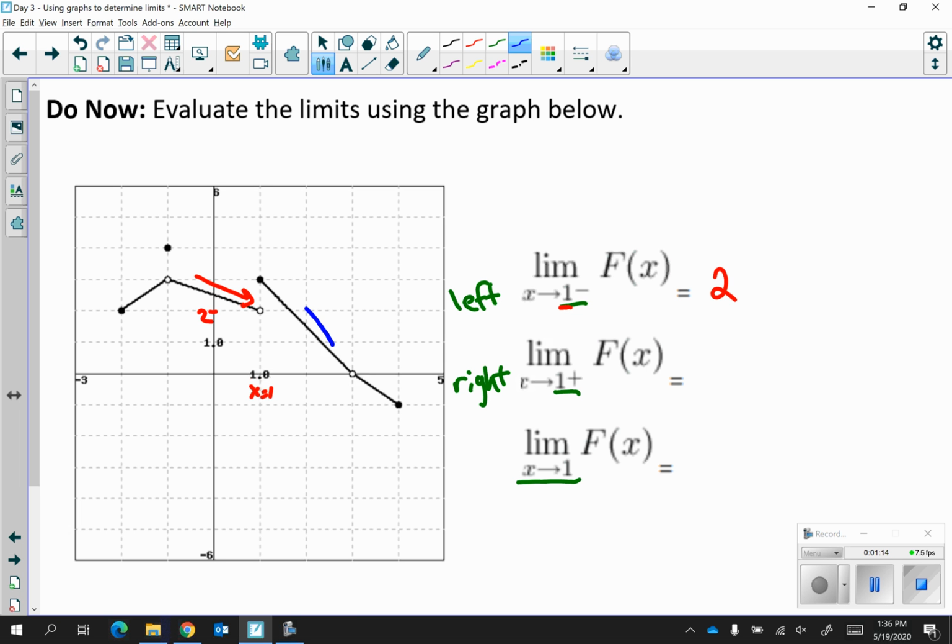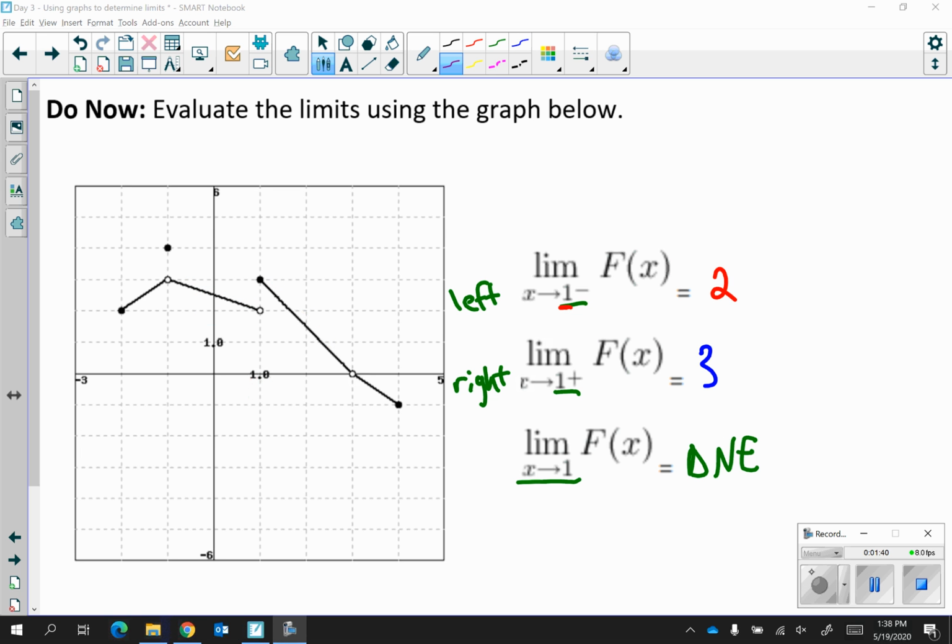And when we come from the right-hand side, we get a value as we approach 1 of 3. That means overall, the limit of f of x as x approaches 1 does not exist. And we're going to write DNE because the limit from the left is different than the limit from the right.